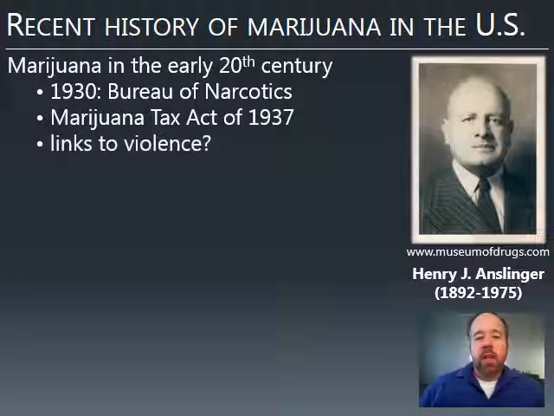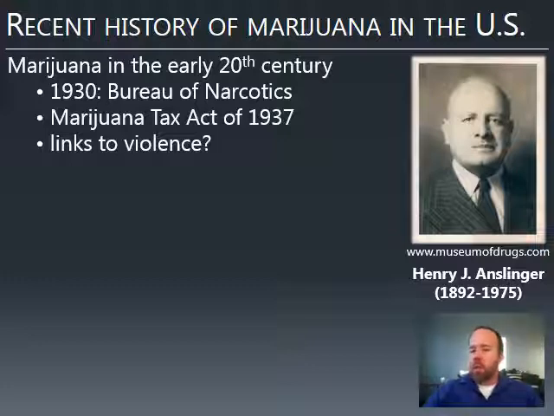And this Marijuana Tax Act was passed and was advocated for largely on the basis of propaganda that later turned out to be untrue. So, for example, it was thought and publicly pronounced that marijuana was linked to violence, that violent crimes were being caused by marijuana use.